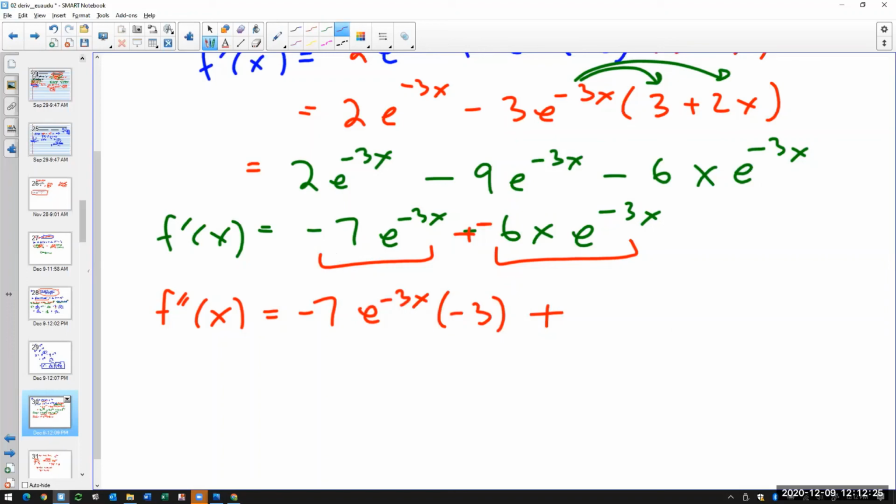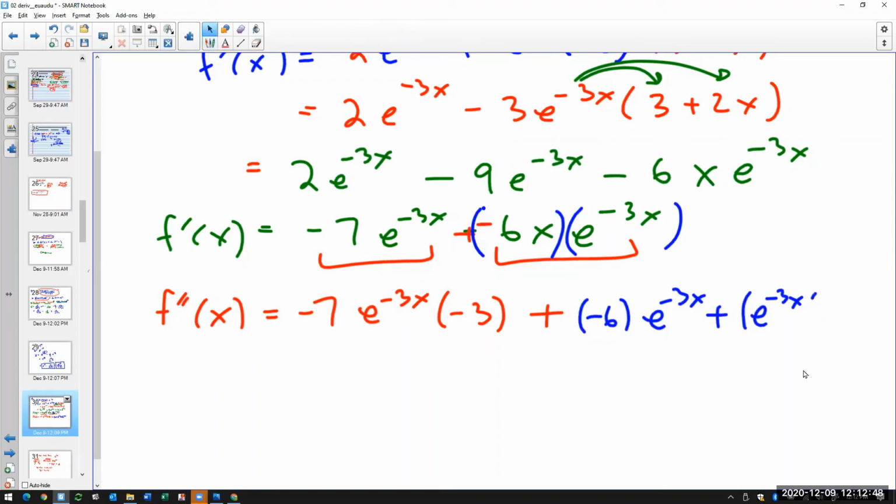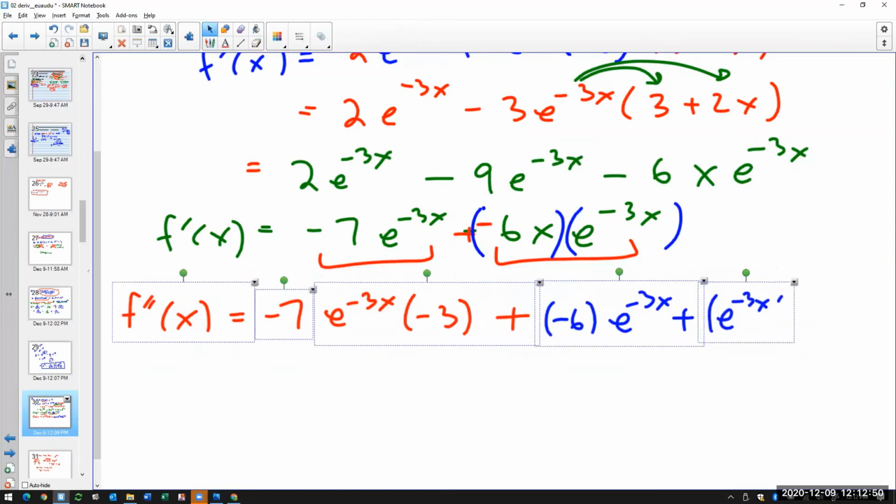Okay, the second term, it really helps you if you change this to plus minus, because this becomes negative 6x times e to the negative 3x. So that will just be the derivative of the first times the second plus the derivative of the second, which would be e to the negative 3x times, I'm running out of room. Let me pull this to the left.